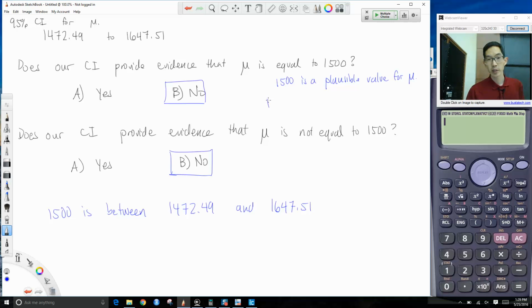Okay, but the interval does not say that mu is equal to 1,500. Okay, and again, 1,500 is a plausible value for mu. Okay, so we don't have evidence that it's not 1,500.